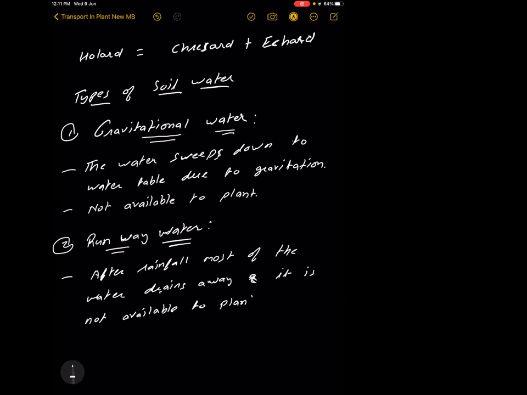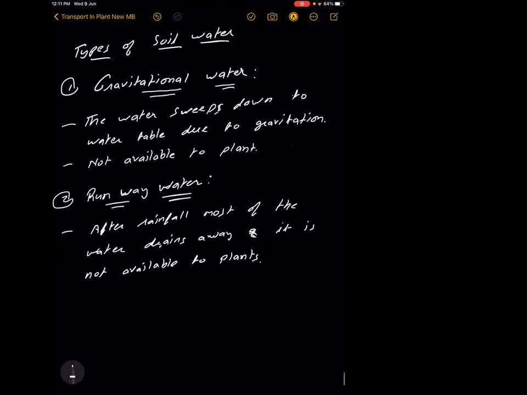Is it clear? So gravitational water and runway water cannot be absorbed. Another water, chemically bonded water.